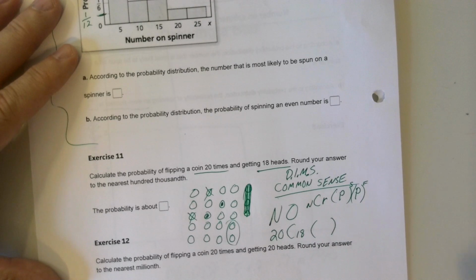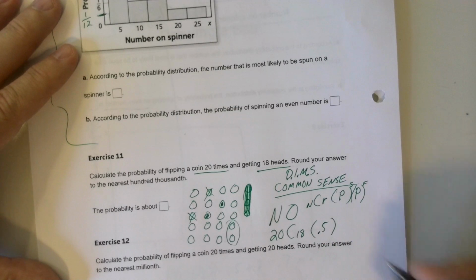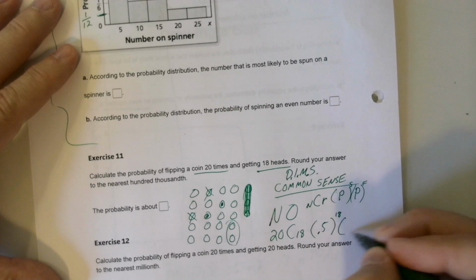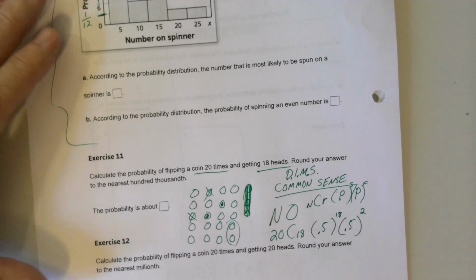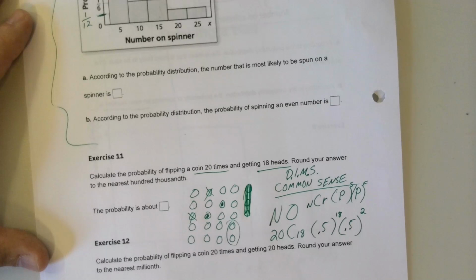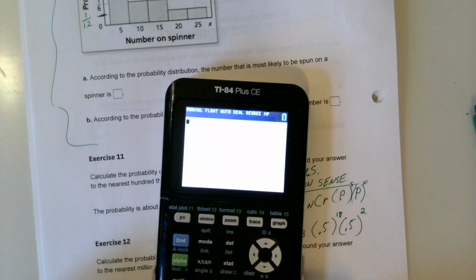What's the probability of getting a head? Half, to the 18th, times the probability of failure, which is still a half, to the 2 that I get there. So that's how that formula works: 20C18, 0.5 to the 18th times 0.5 to the second. I'm going to do this one on the calculator so that you can see it too. Clear. 20.